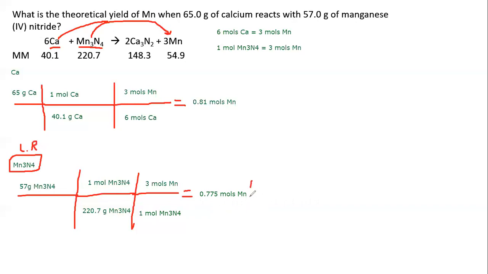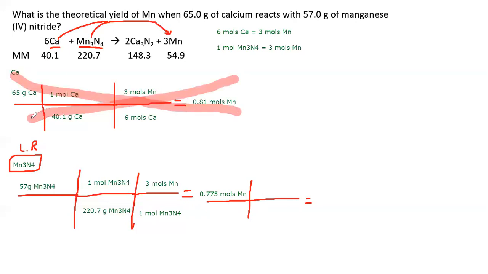So now we're going to convert the moles of manganese produced by the limiting reactant to get the theoretical yield. And of course, now we can disregard everything about calcium that we've calculated. So to go from moles to mass, we need to multiply by the molar mass.